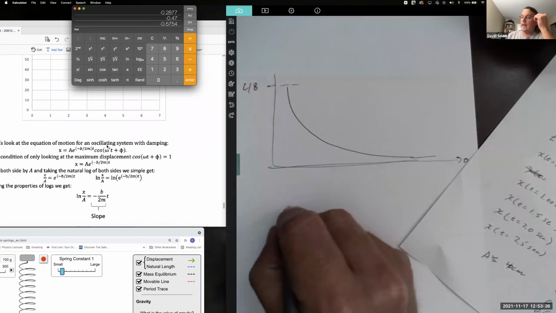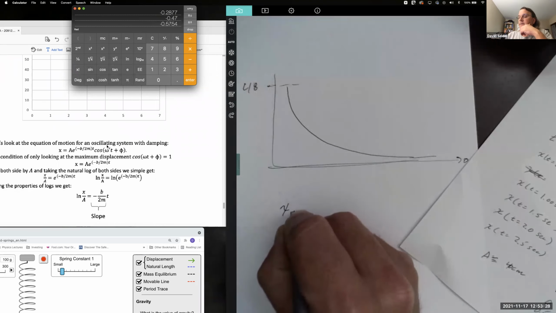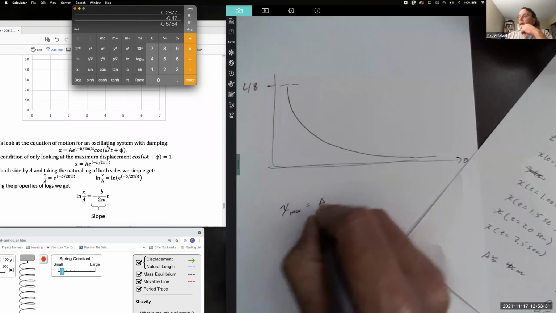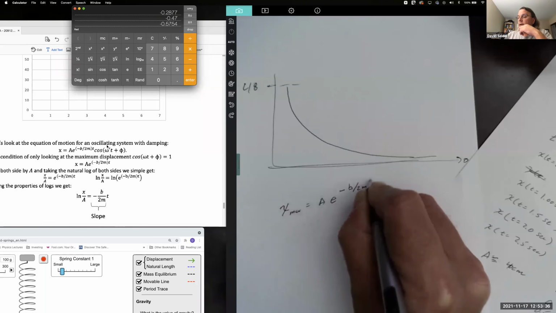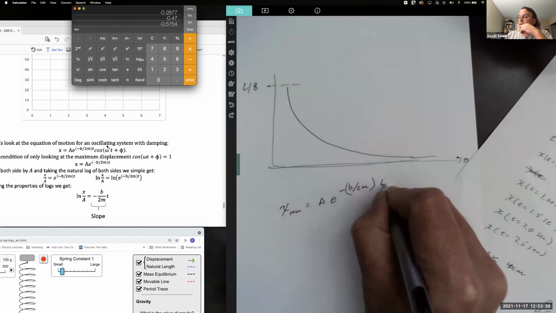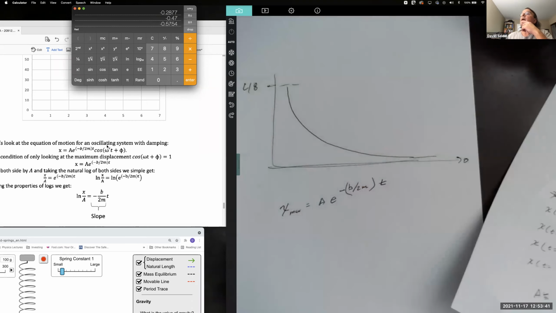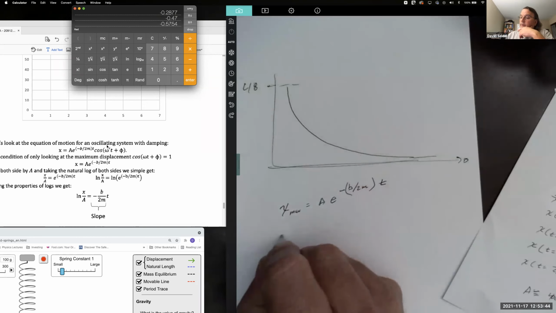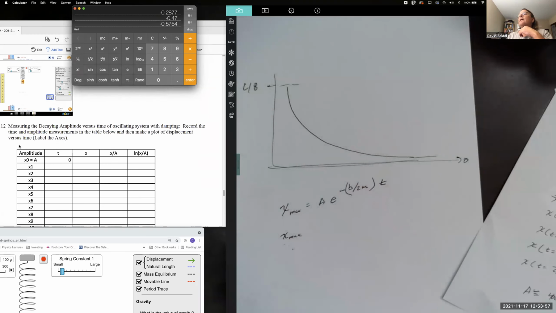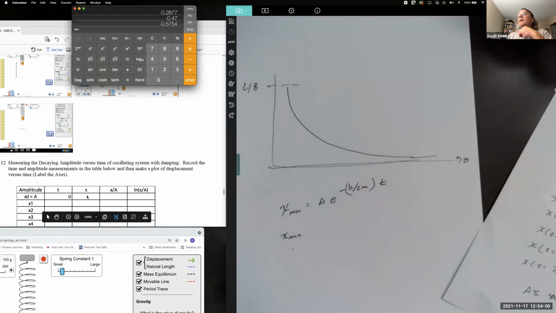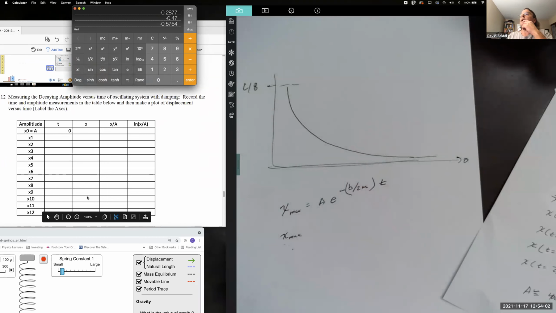So, x max is equal to a e to the minus b over 2m times t. So that's going to be its max displacement at each cycle, each half cycle. That's the value you're getting in this column here.